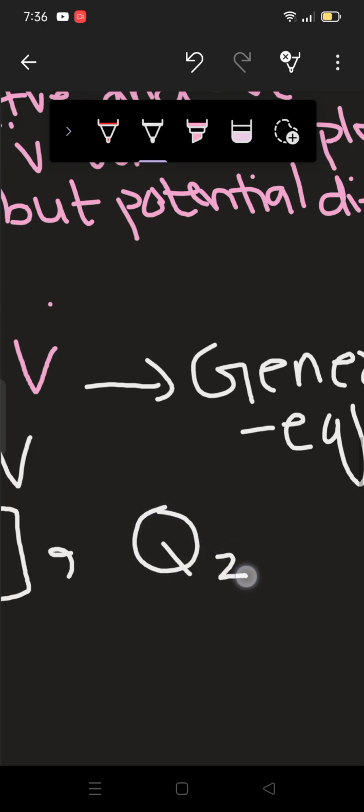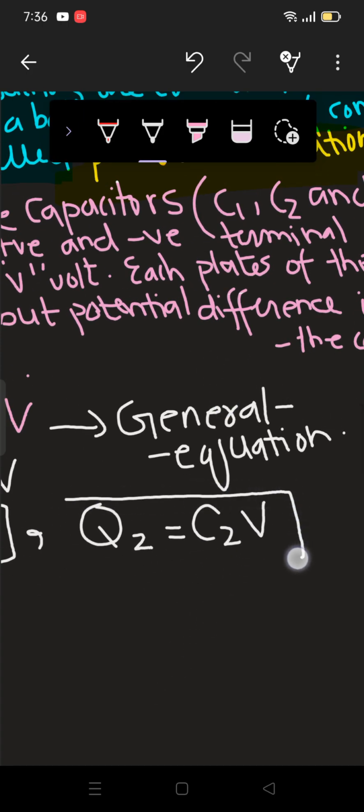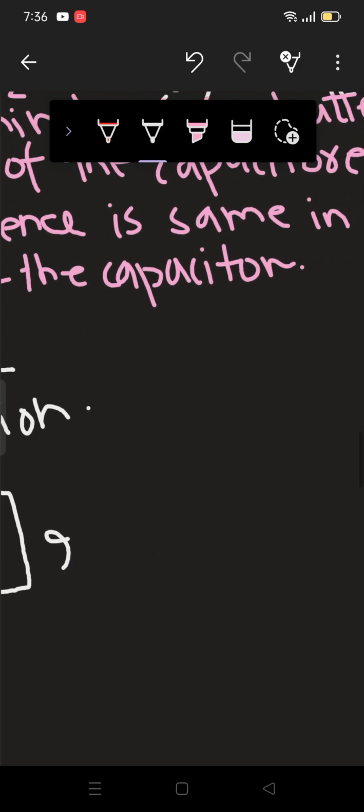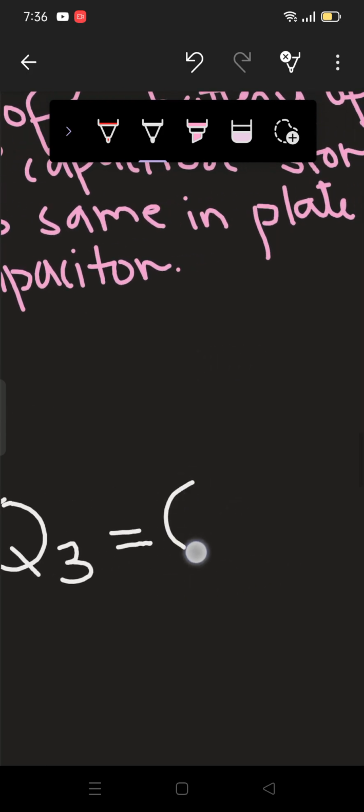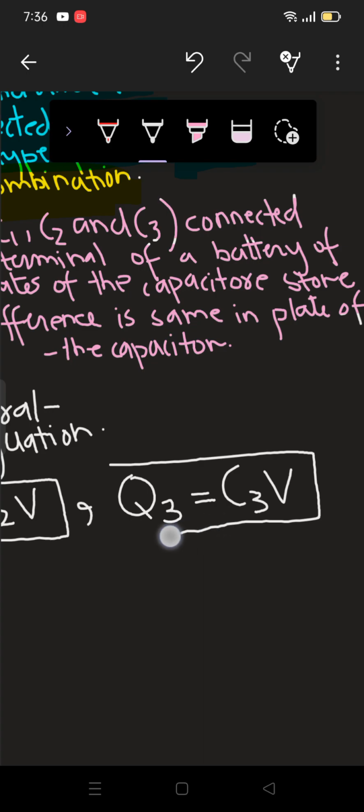Q2 would be equal to C2 into V, because the potential difference again would be the same. Then Q3, the charge for capacitor number 3, is C3 into V.